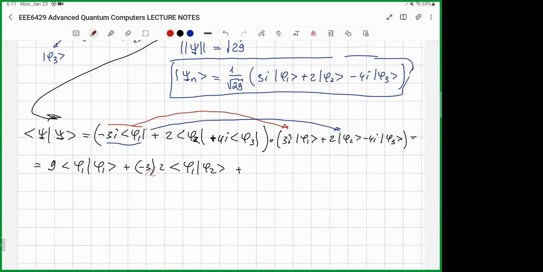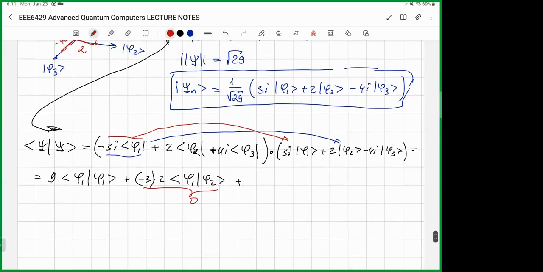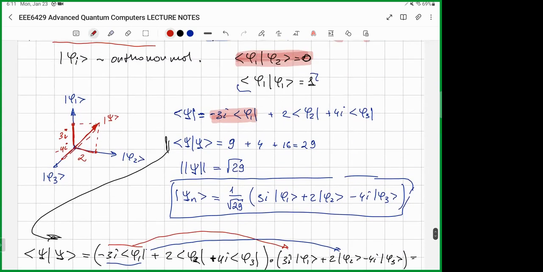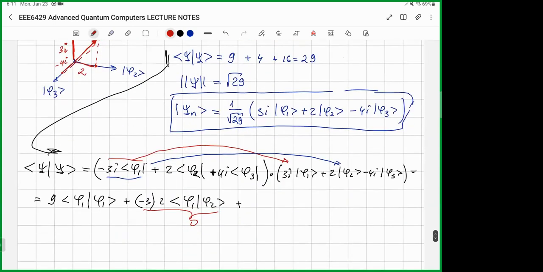So let me say this is 0, right? On the other hand, the inner product of a vector by itself is equal to 1 because the vector is normalized.